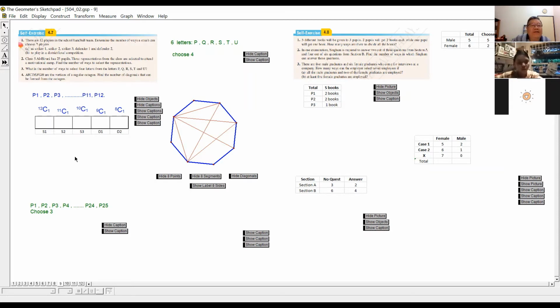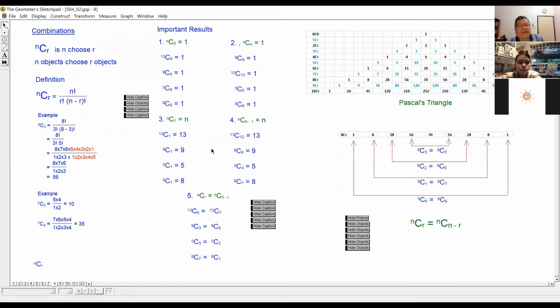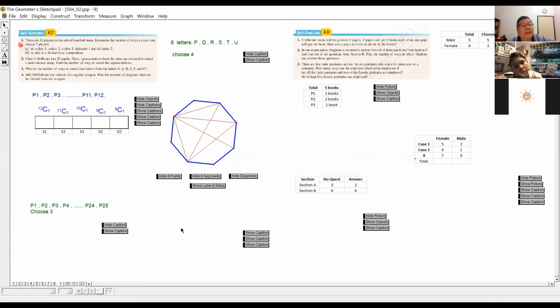Do you know what is the value of 12 choose one? Straight away you tell me, 12 choose 1 is how much? 12, correct. How much is 11 choose 1? 11, correct.